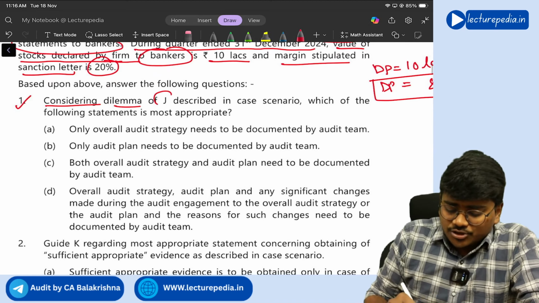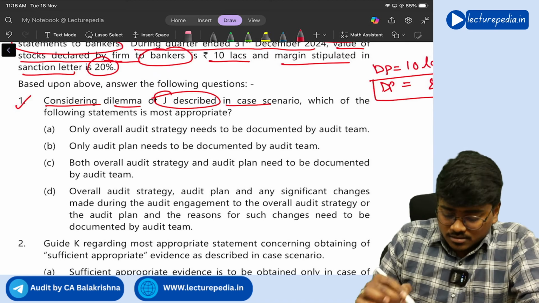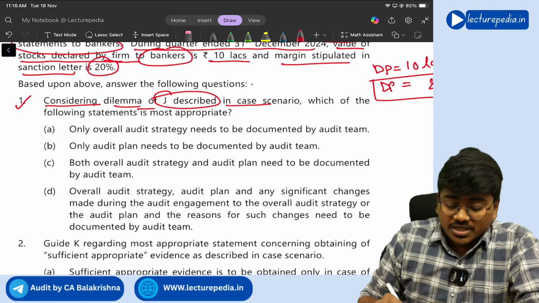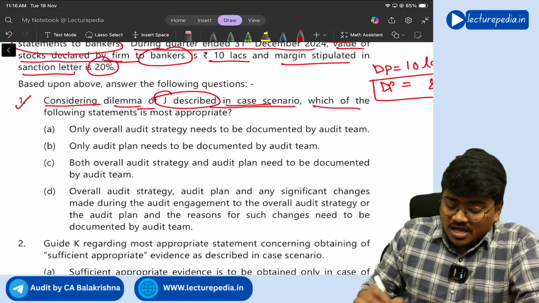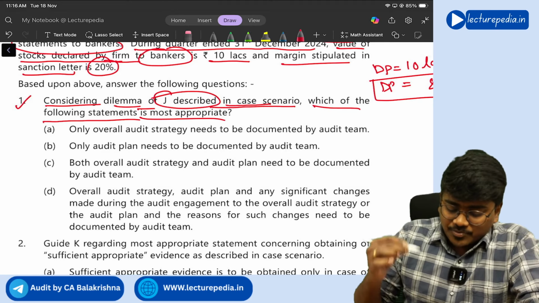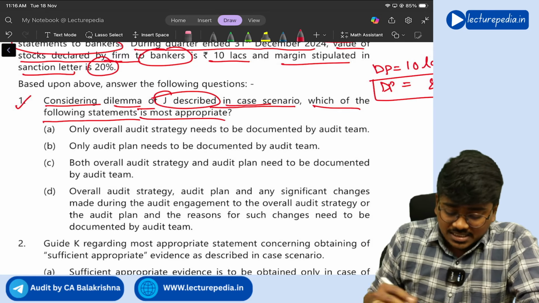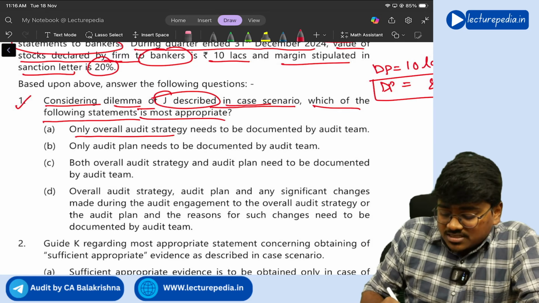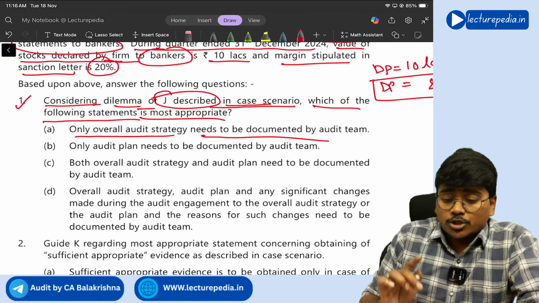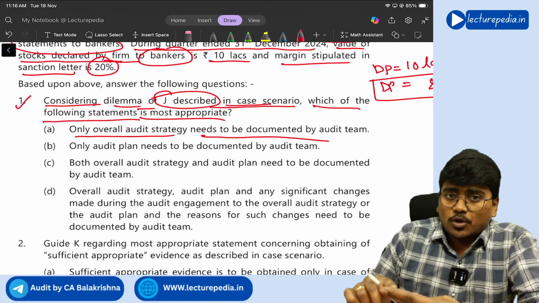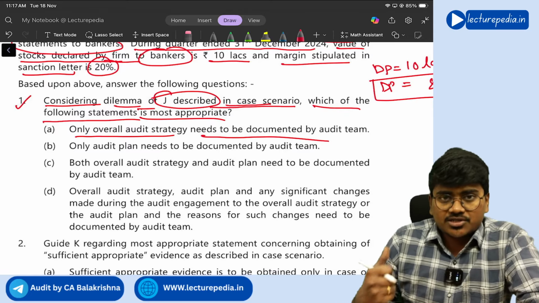Considering dilemma of J described in the case scenario, which of the following statements is most appropriate? Let us see. Only overall audit strategy needs to be documented. No, you need to document overall audit strategy, audit plan, and changes that have taken place.